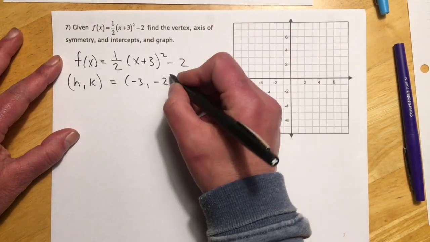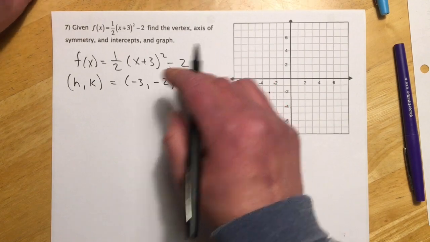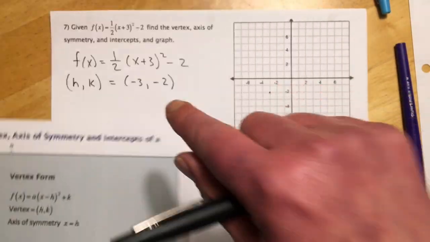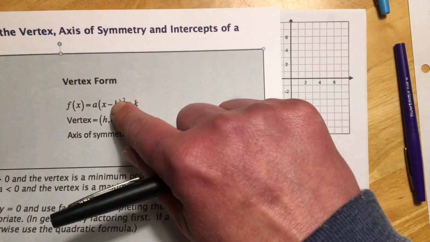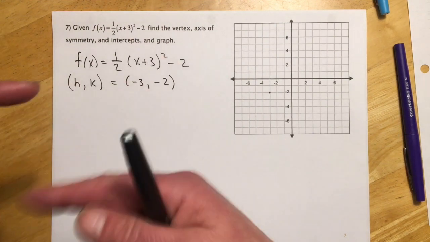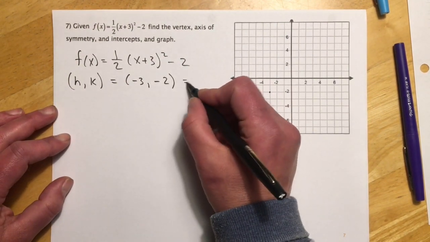Minus is down and plus is up. So negative 3, negative 2. If you think about plugging this back into the formula, that makes a little more sense, because if h is negative 3, I plug it in, I get x minus negative 3, which is x plus 3. So it has to be the opposite sign of what's showing on the x. So this is our vertex.